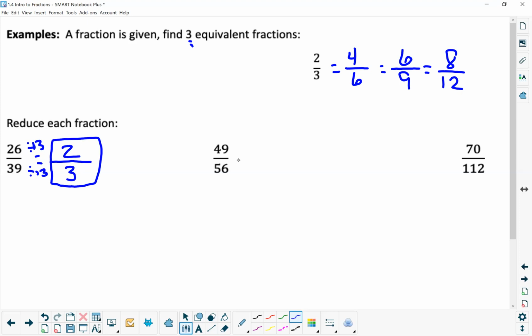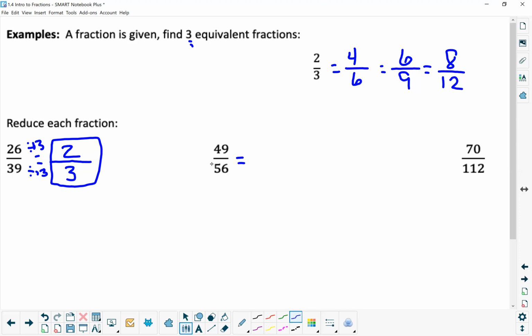49 over 56. So one option, remember we have that multiplication table in our packet. Find in either a row or a column, try to find your numerator and denominator. So the 49 and the 56 are in row 7 or in column 7, depending upon which way you read it. And the nice thing is that means both numbers are divisible by 7.